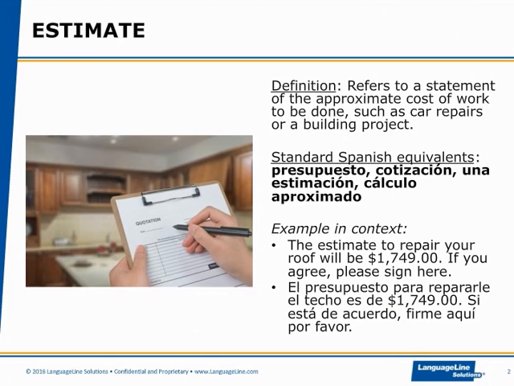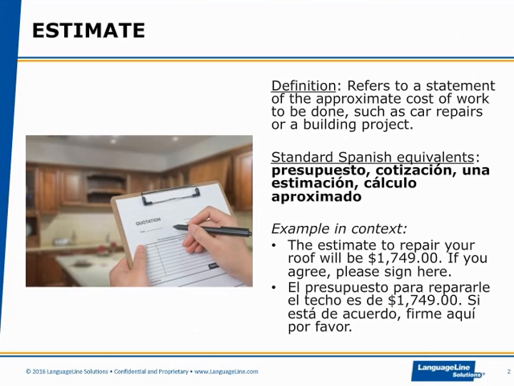Now let's have you practice this term in both languages. First, repeat the term in English 3 times. Estimate, estimate, estimate. Let's have you do the same thing for the standard options in Spanish. Repeat this term in Spanish 3 times. Presupuesto, presupuesto, presupuesto.